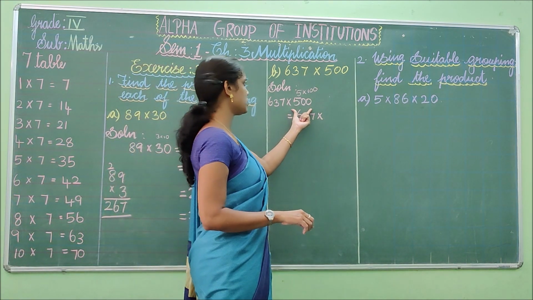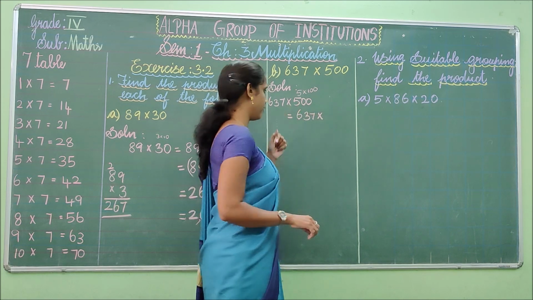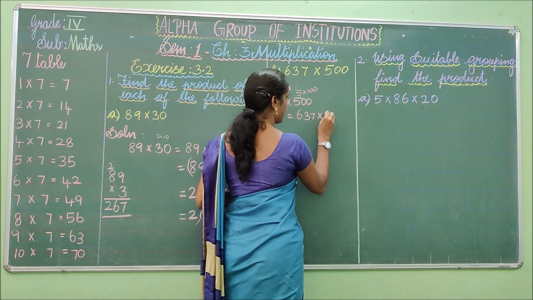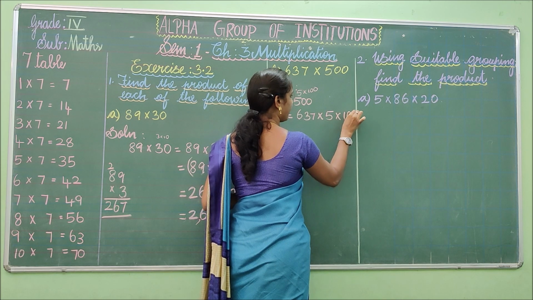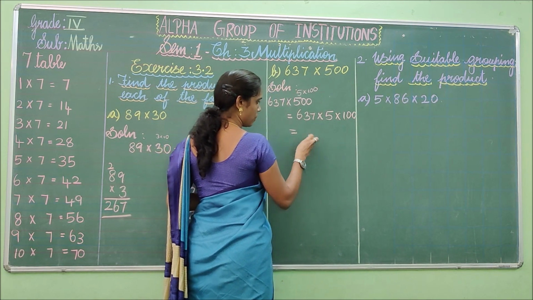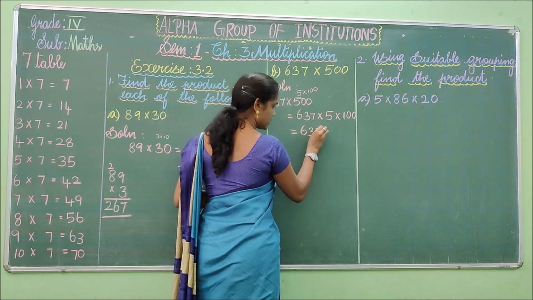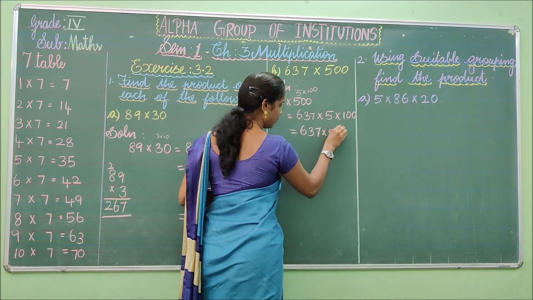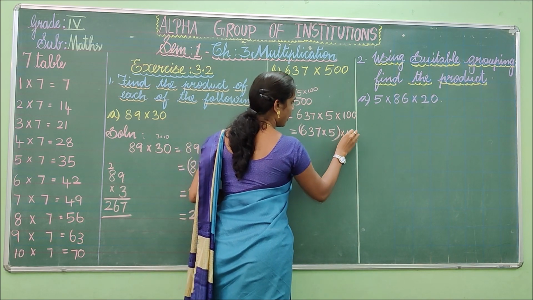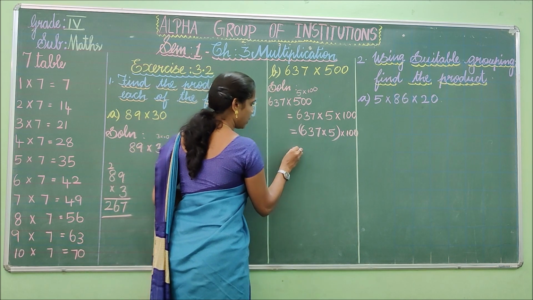Now we are going to multiply only these two numbers, so before that you have to group the numbers: 637 into 5 into 100. Now we can multiply.